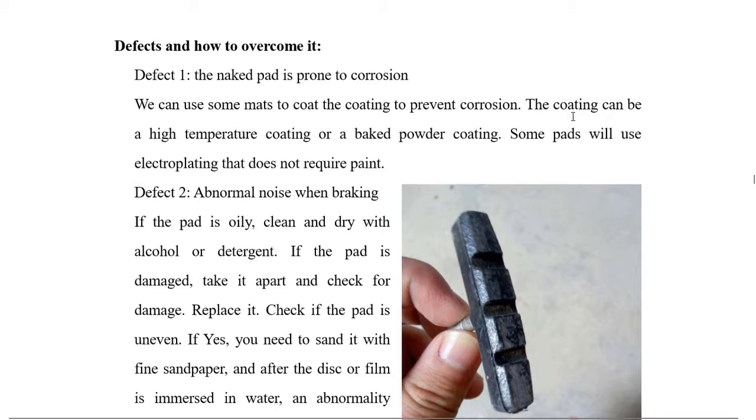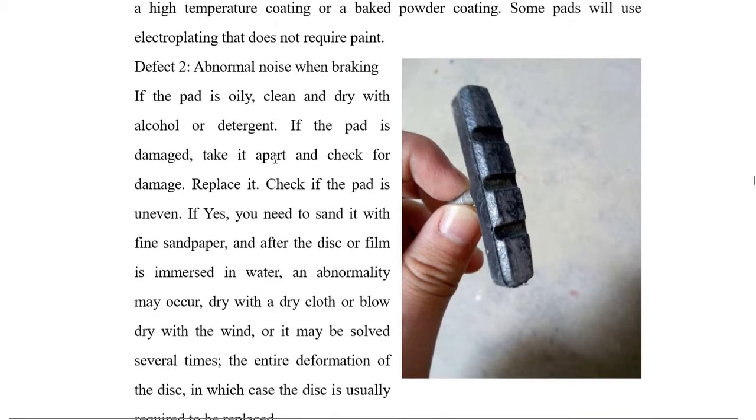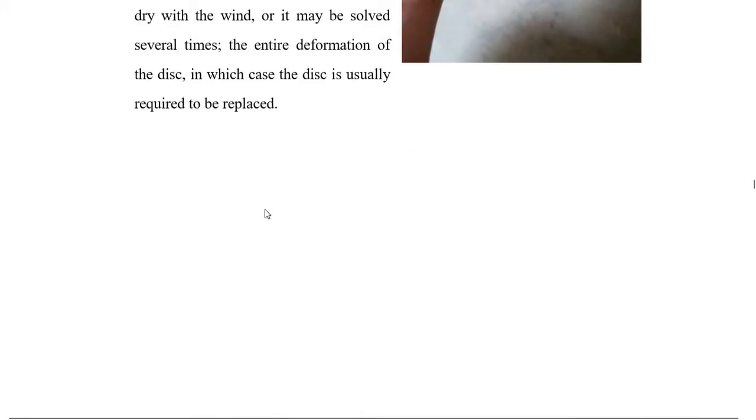The coating can be a high temperature coating or bracket powder coating. Some parts we will use electroplating that do not require the plate, and defect 2 is abnormal noise when braking, and this is how to overcome defect 1. Okay, that's all. Thank you.